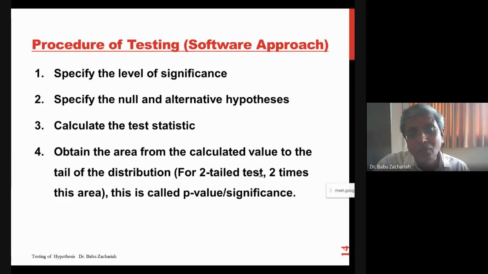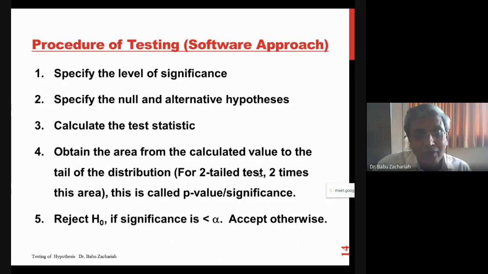This is called p-value or significance. Reject H naught if significance is less than alpha, accept otherwise. This is the simple procedure we are following. See, I have explained everything using normal distribution, but there are tests based on t distribution and chi-square, but the same logic applies there also.